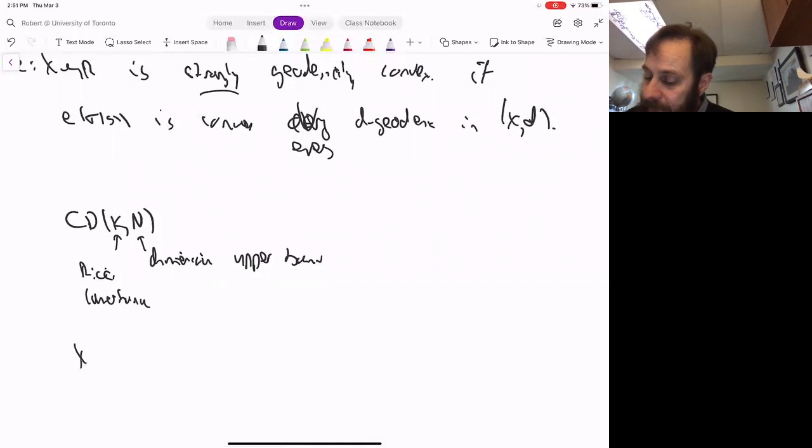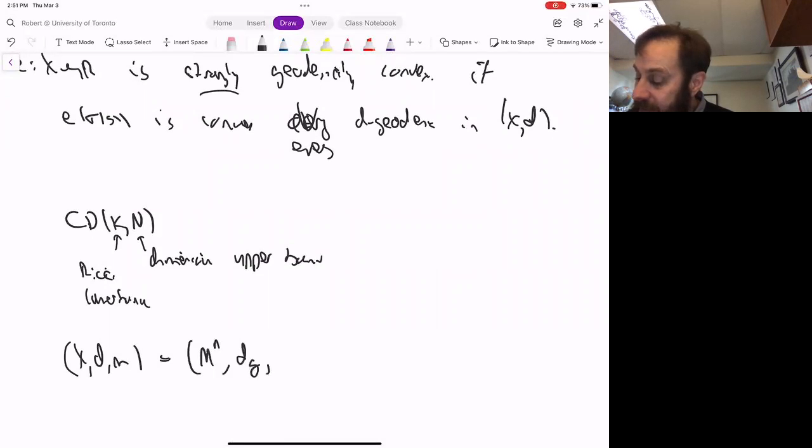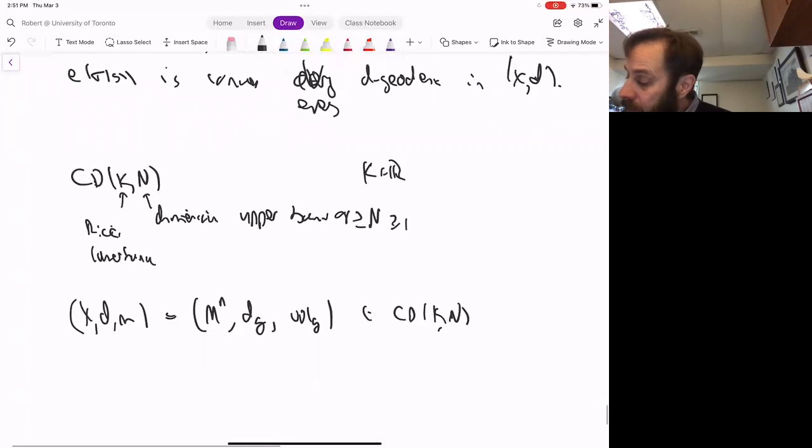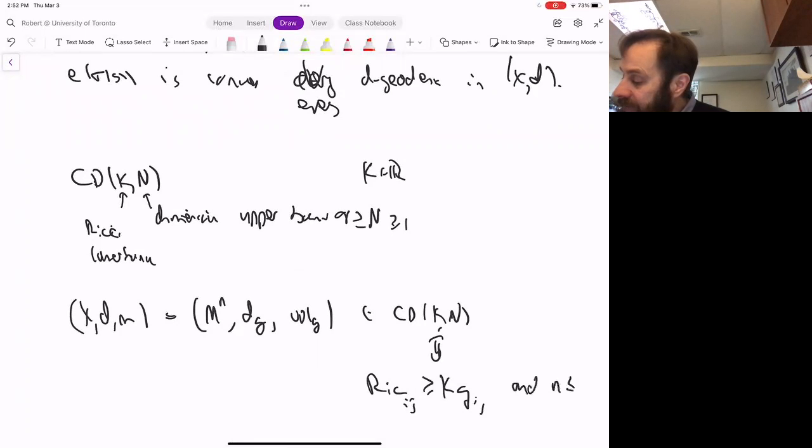So if XDM is a Riemannian manifold of dimension n with a Riemannian metric G and the associated volume, then this is going to be CDKN. So here K is going to be a real number and n is probably going to be bigger than 1 and less than infinity, if and only if the Ricci tensor on the manifold is bigger than K times the metric tensor and the dimension of the manifold is less than n.